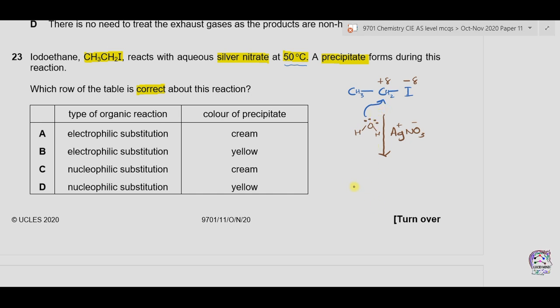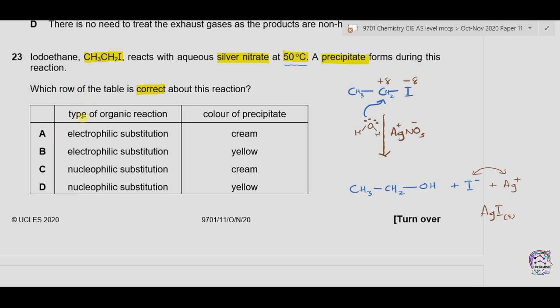So by nucleophilic substitution, we would have the product CH3CH2OH and I negative is removed. We also have silver nitrate present, so silver ion will react with iodide to form AgI.